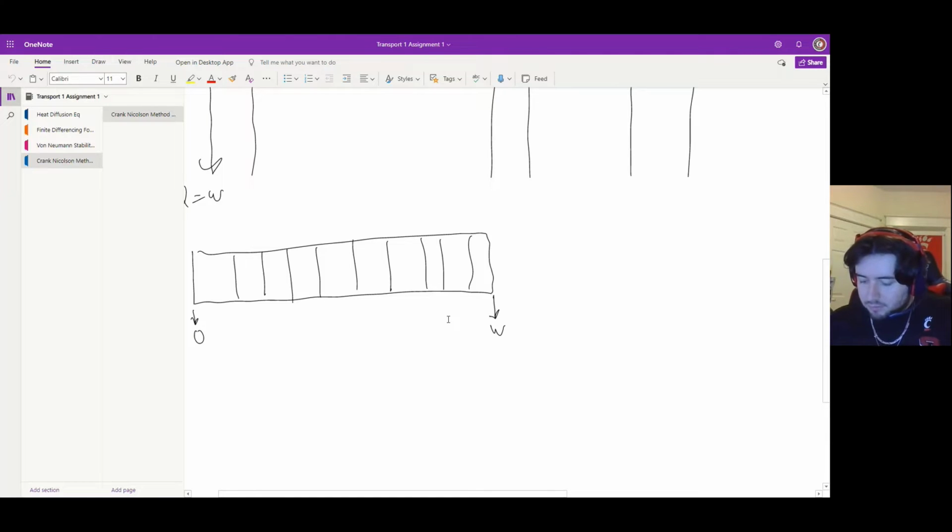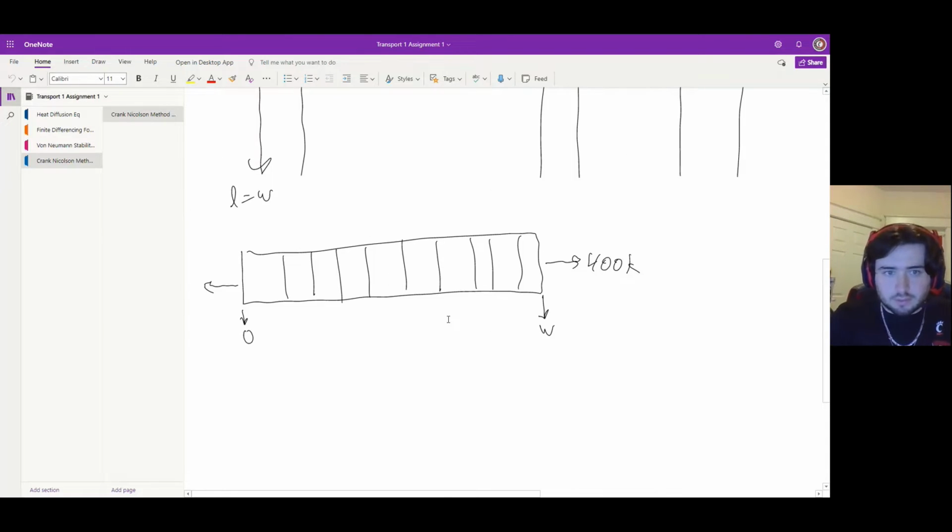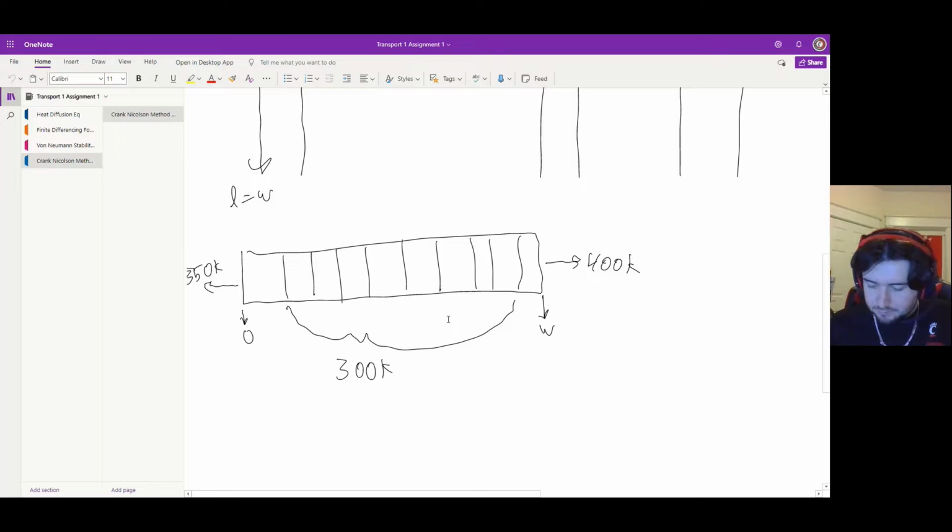And so if you remember, the temperature on the right over here was 400 Kelvin, and the temperature on the left was 350 Kelvin. And then all of the middle ones were 300 Kelvin.